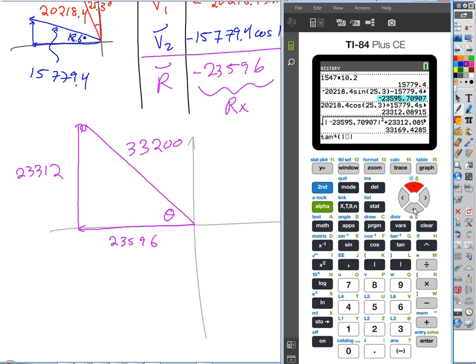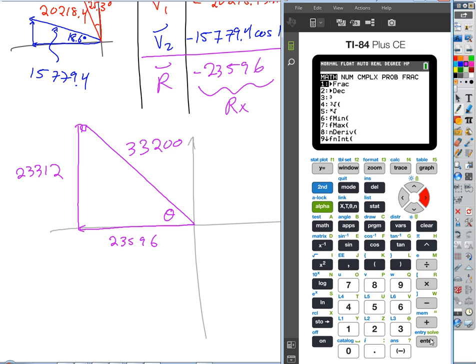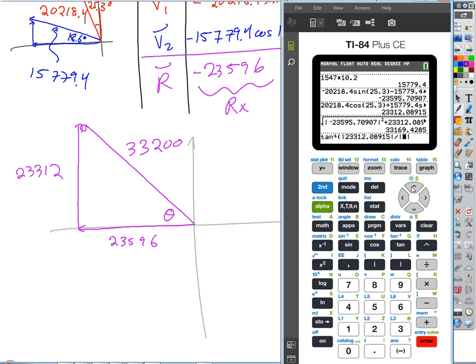Oops, so I didn't need the absolute value there, did I? Whoops. That guy divided by absolute value of that guy. Okay, and it gives us 44.65.